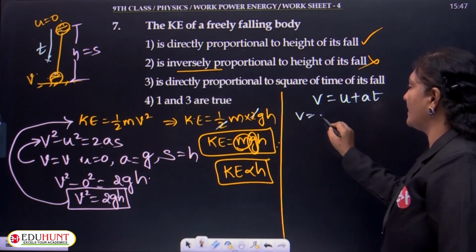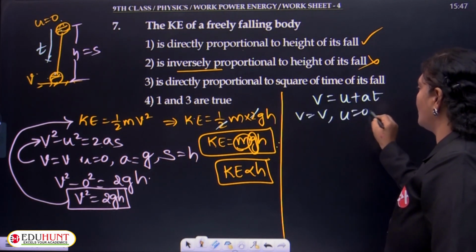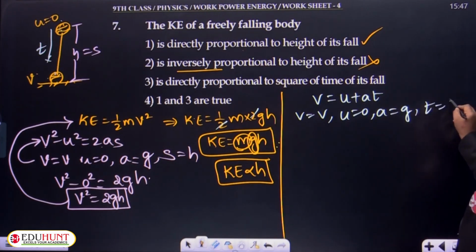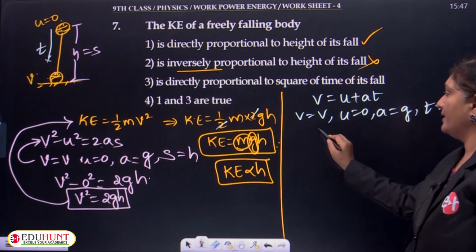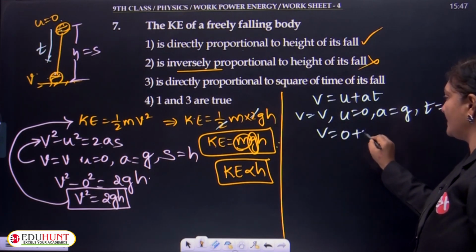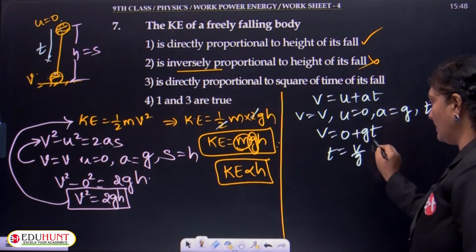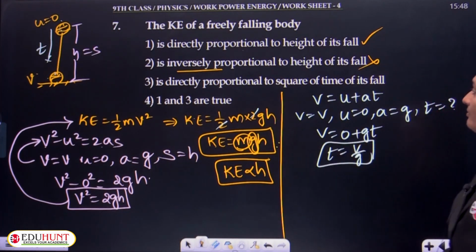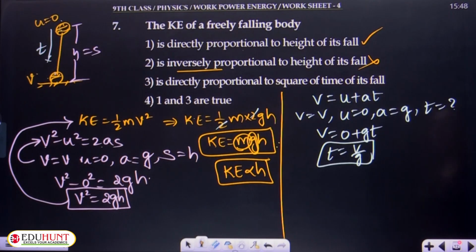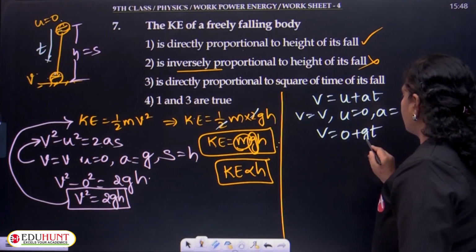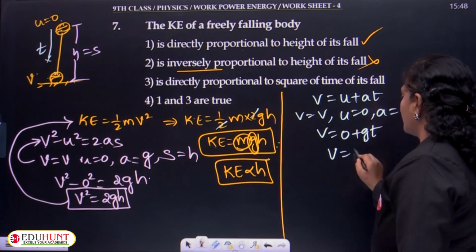Here v is v, u is 0 and the acceleration is g. Let us try to find the value of t. So substituting here, v equals 0 plus gt, or t can be given as v by g. Instead of v, let us replace it with v equals gt.